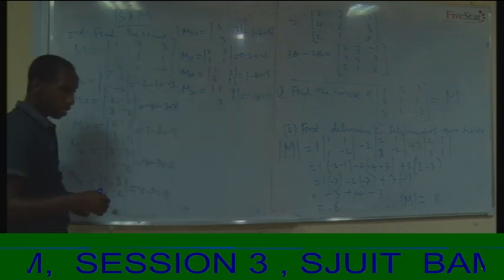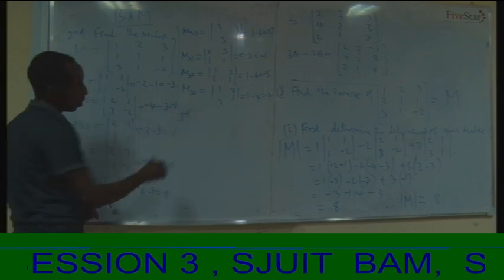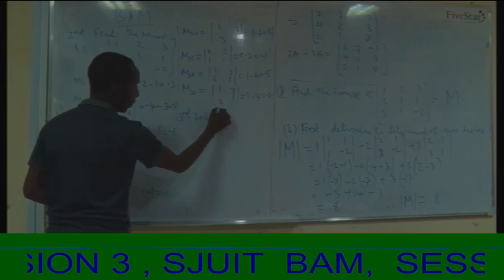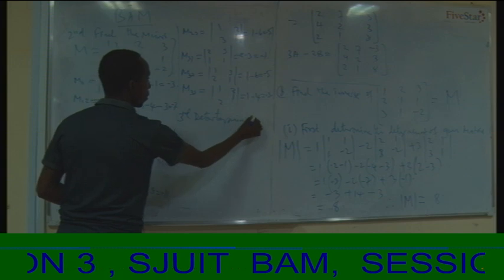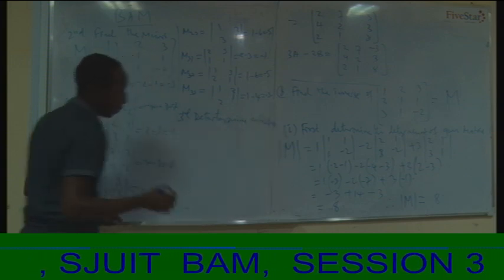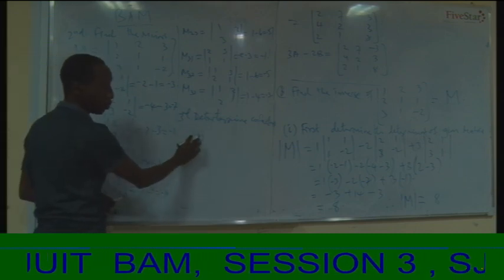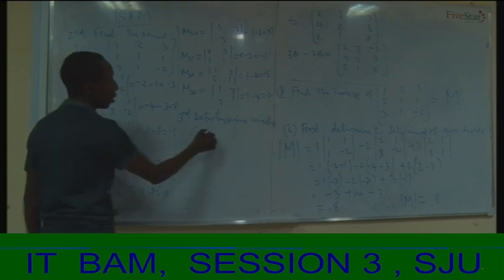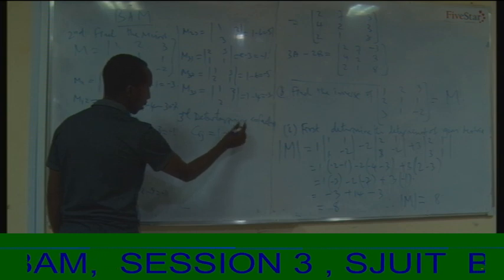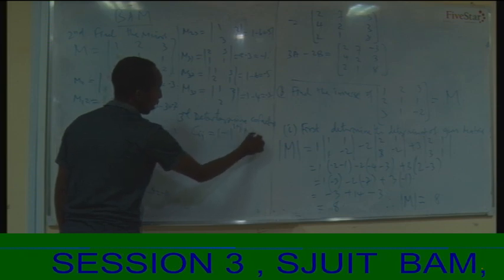So lastly, the third procedure to get the inverse is to determine the cofactors of matrix M. The cofactor Cij, where i represents the row and j represents the column, is equal to negative 1 raised to i plus j times Mij.